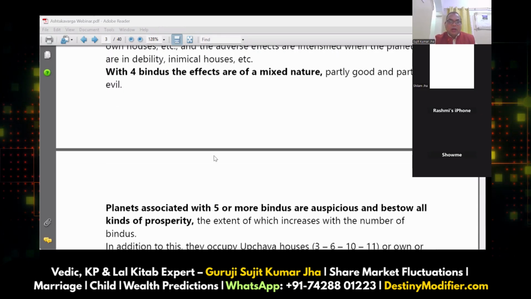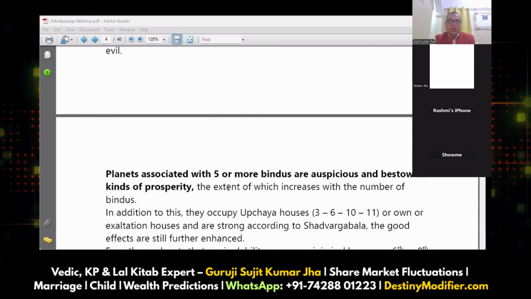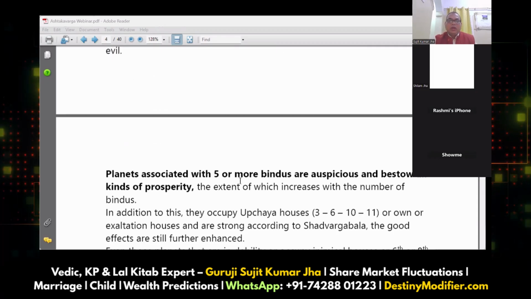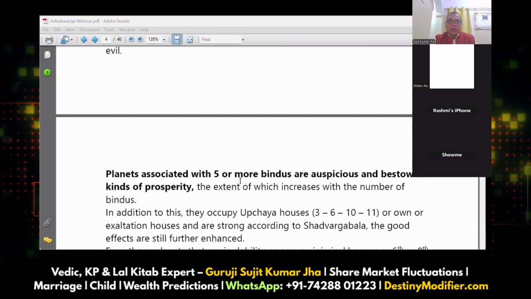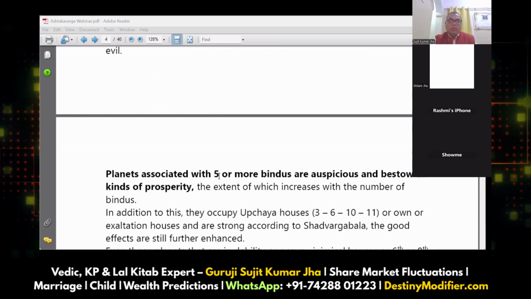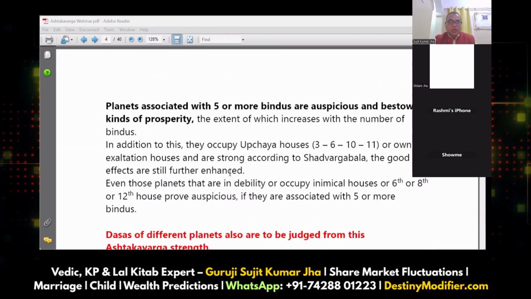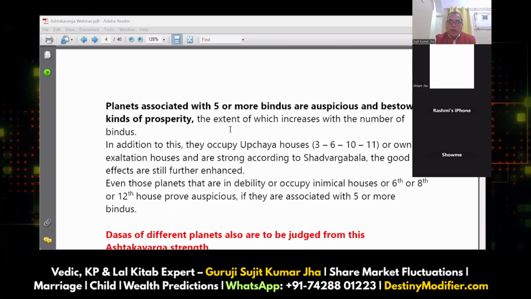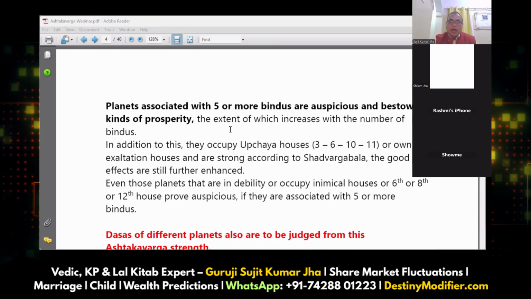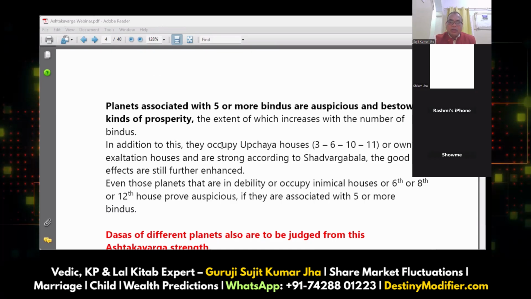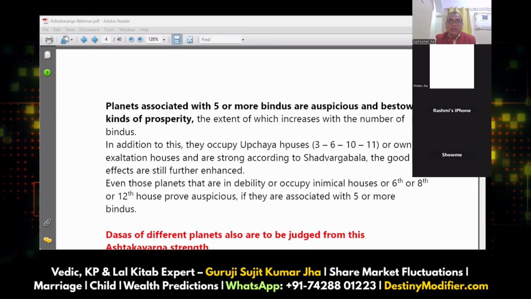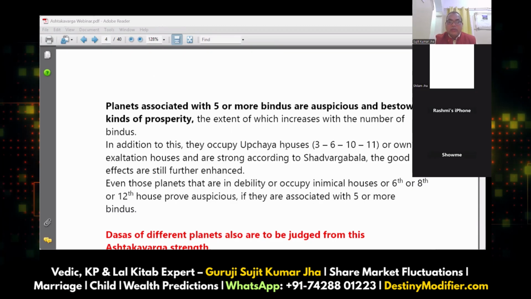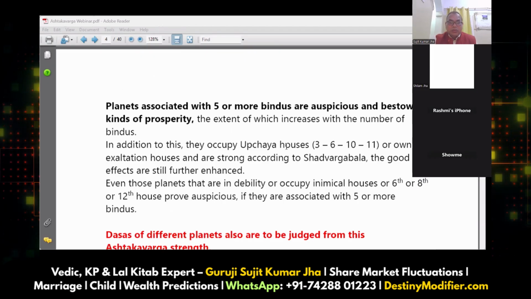But if the planet is associated with 5 or more points, then it will give an excellent, good result based on the number of points. If the planet has more points and is also exalted or in an Upachaya house, then those effects will add, and it will give the result in a more positive way.